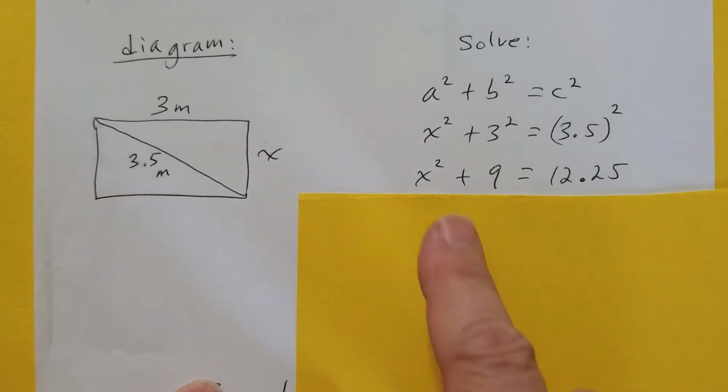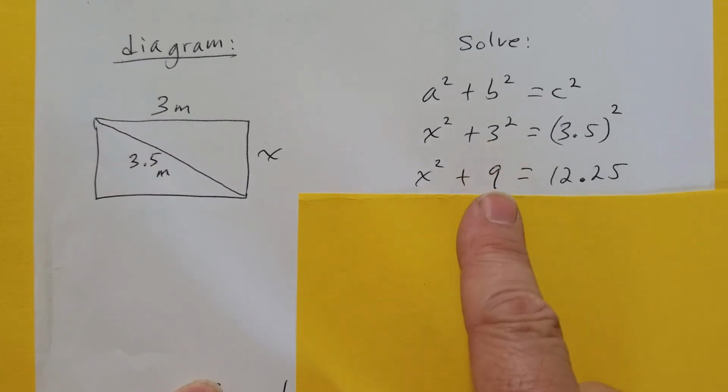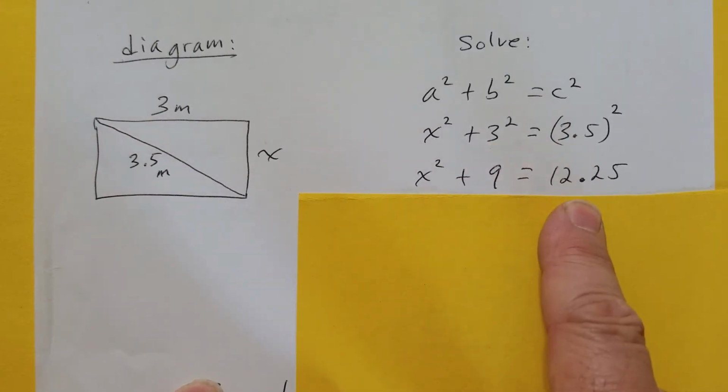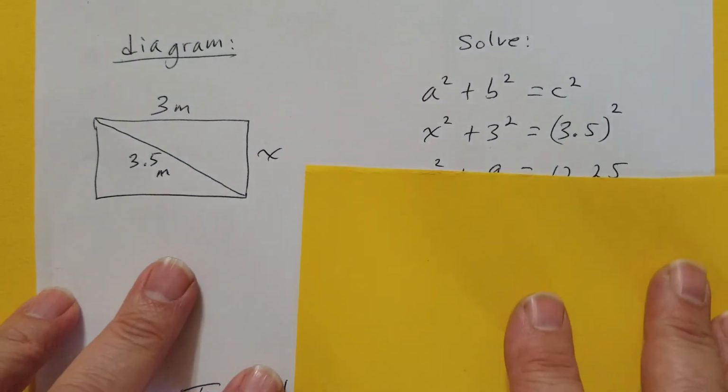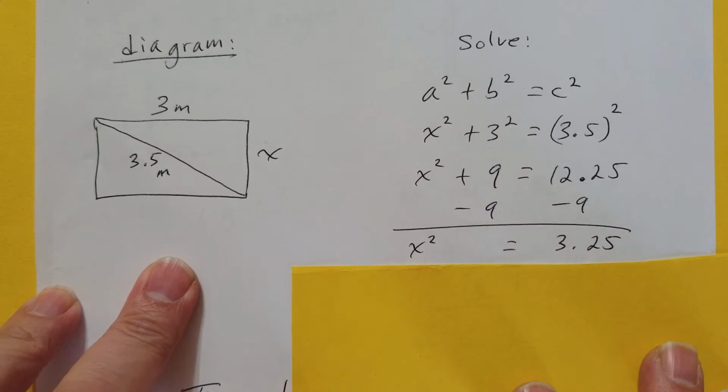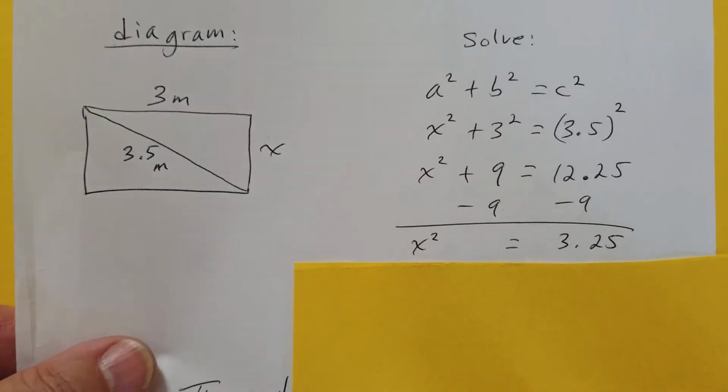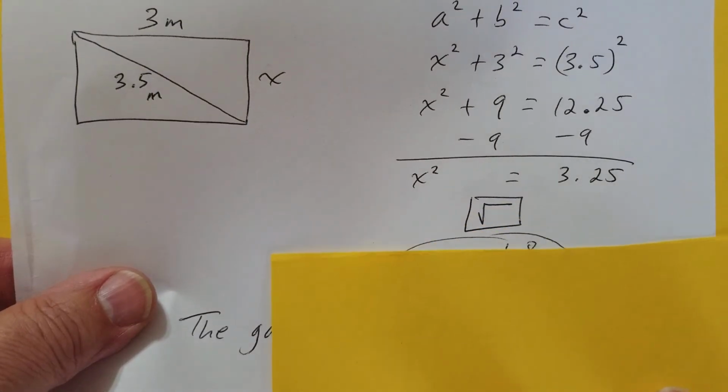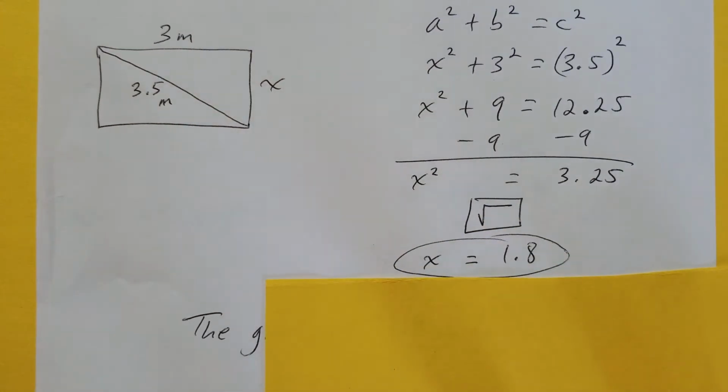Right? X squared, 3 squared is 9, 3.5 squared is 12.25. Minus 9 from both sides, etc., etc. X squared is equal to 3.25. We need x, so we square root, and we get x equals 1.8. As in all word problems, remember to answer the question.